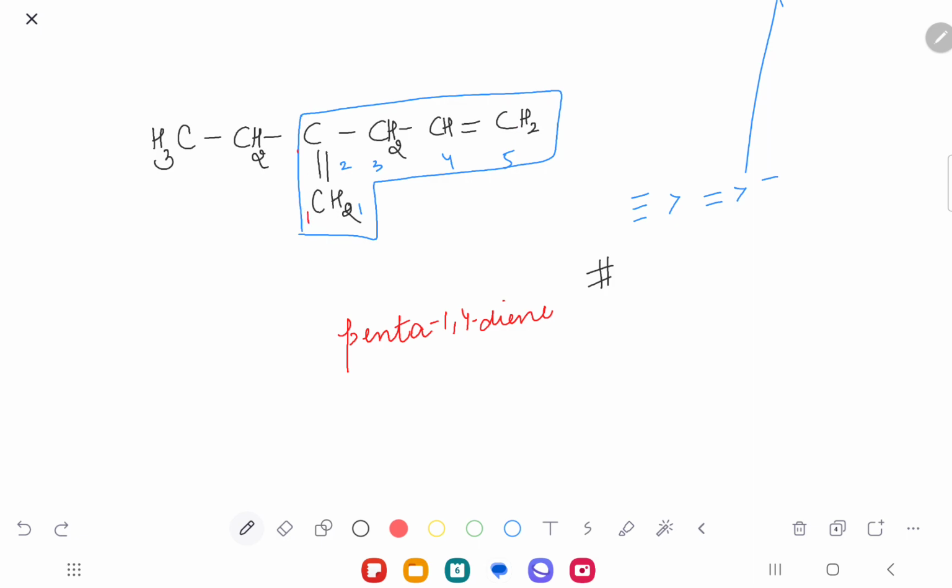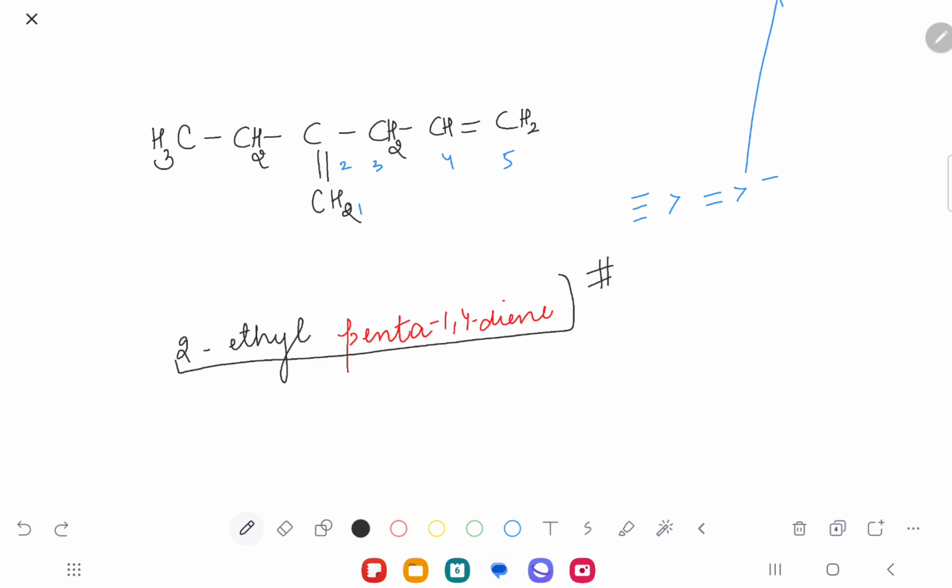There is no change in the naming of diene. Diene shall remain diene. But ethyl will get a smaller number, and that's the preference. So that is why I would number it according to the blue numbering. That is better. So it shall be 2 ethyl penta 1, comma 4 diene. Understood or not?